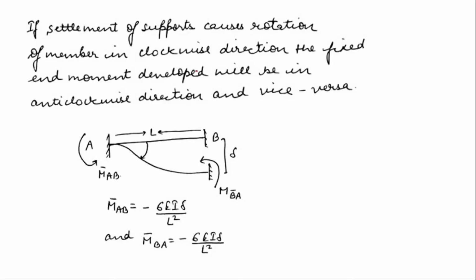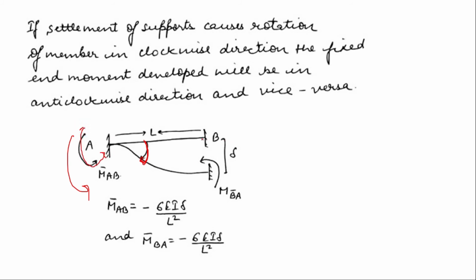Let's see. If settlement of support is clockwise, then the fixed end moment will be developed and it will be in the anti-clockwise direction. This is the fixed end moment developed in a member. If this is clockwise direction, then the fixed end moment will be in the anti-clockwise direction.